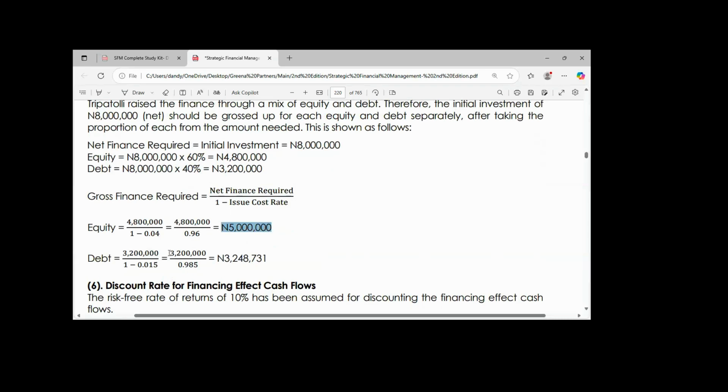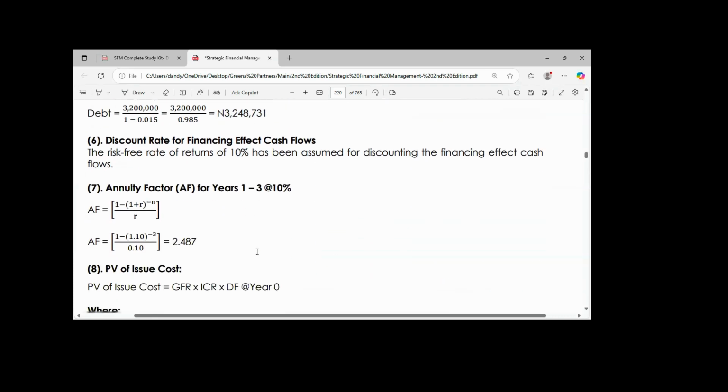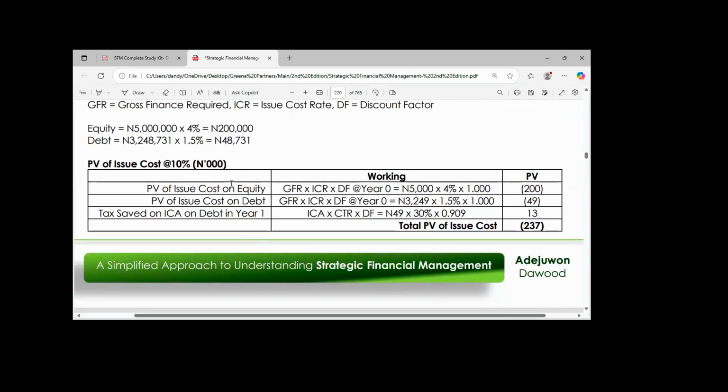The net finance required on debt is 3.2. Then you divide it by 1 minus the issue cost rate on debt. You have a gross finance required of 3,248,731 naira. This is the value that you are going to use to calculate your PV of issue cost.